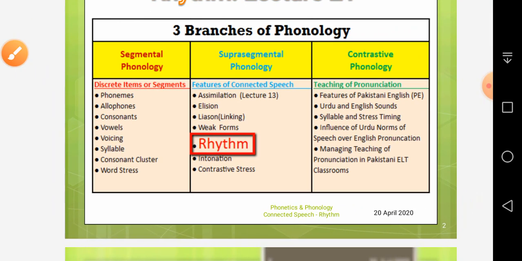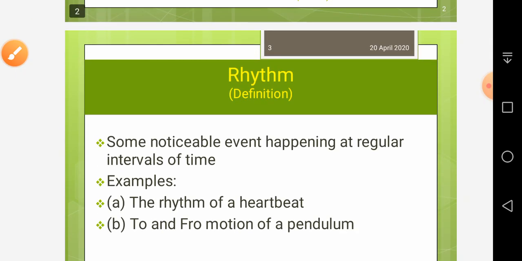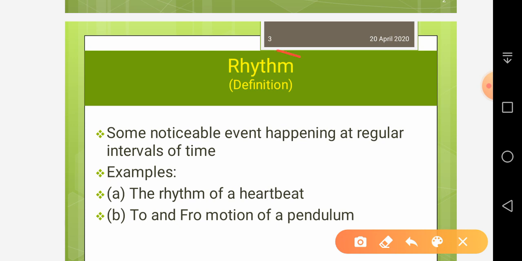Now, what is rhythm? Rhythm is a general term, and actually it is when something happens at a regular interval of time. Some noticeable event happening at regular intervals of time, and its example can be the heartbeat. The rhythm of a heartbeat.